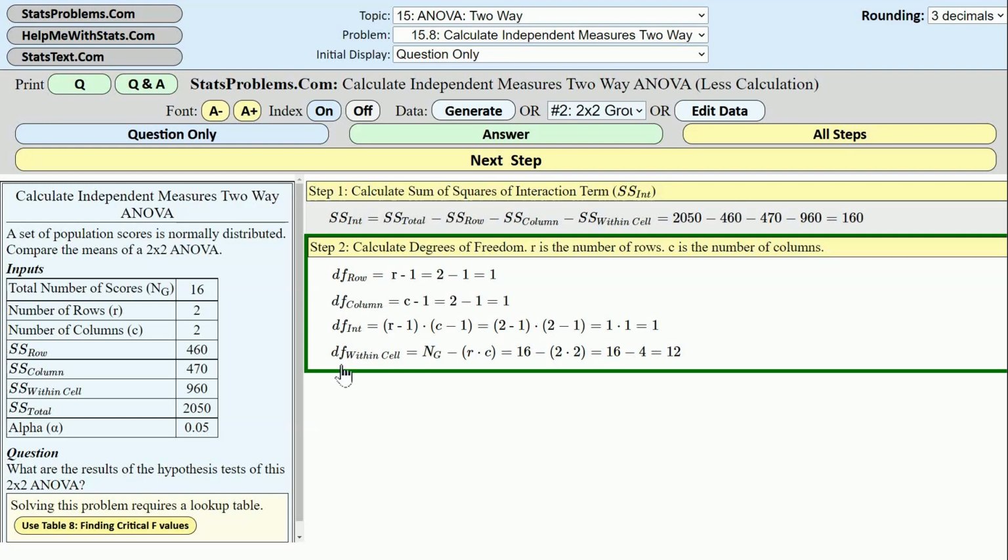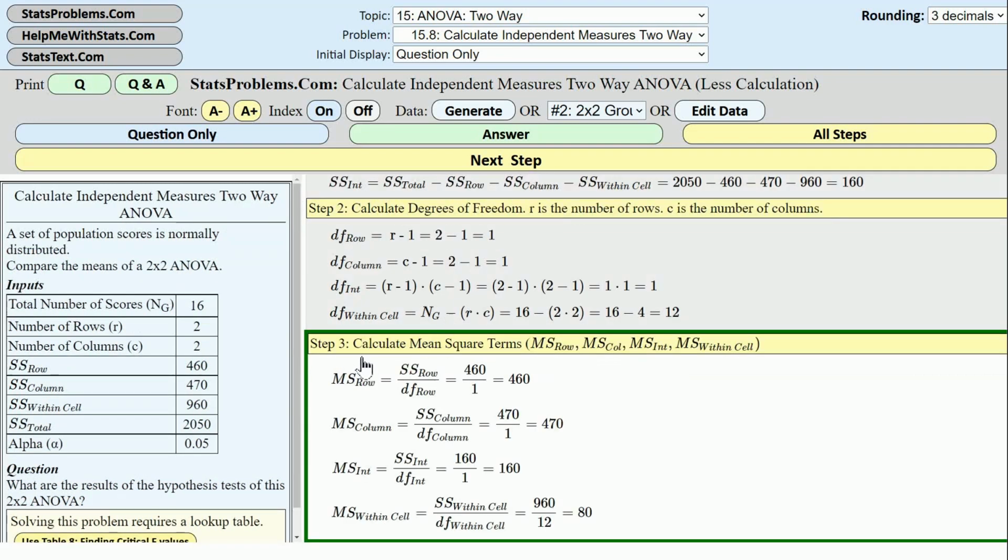The degrees of freedom within cell, df within cell, equals the total number of scores, NG, minus the number of rows, R, times the number of columns, C. In this example, df within cell equals 16 minus 2 times 2, which works out to 16 minus 4, which works out to 12.